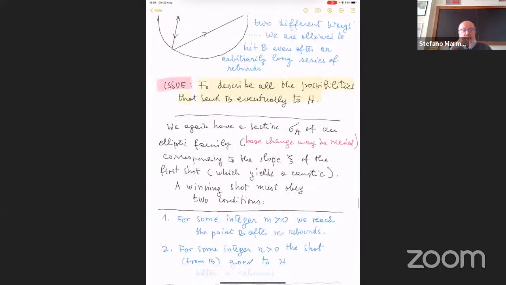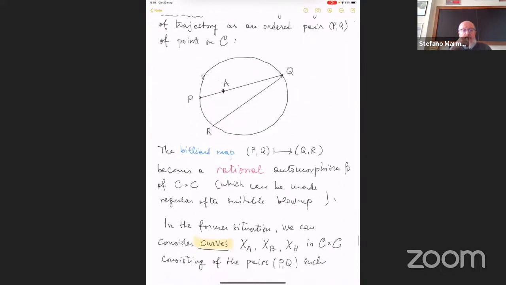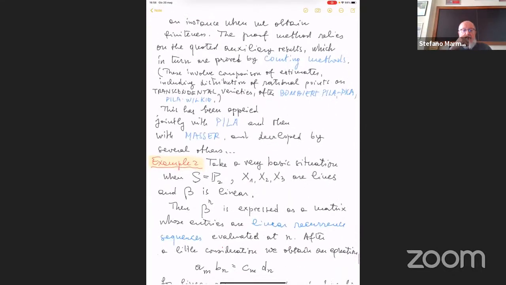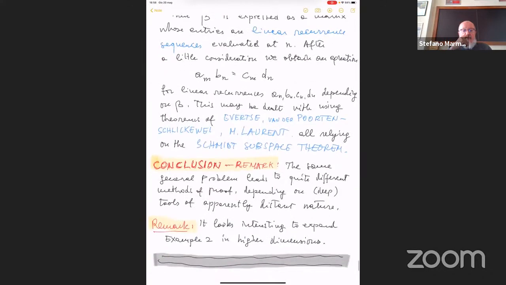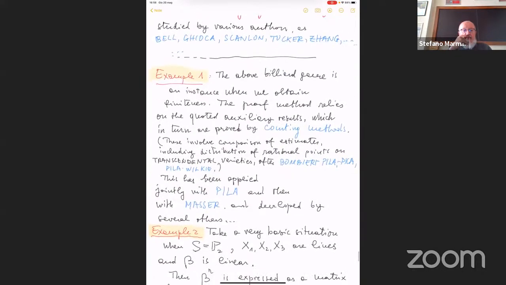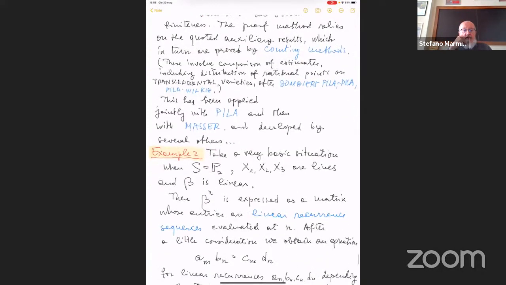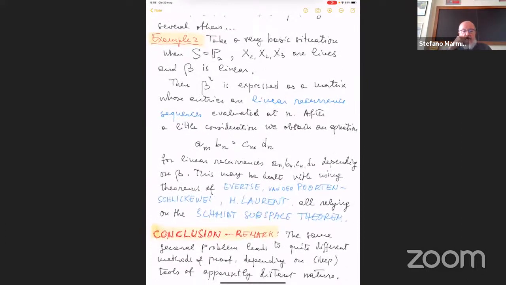And regarding your second question, yes, one may translate in the case of the projective plane and the three lines and the linear endomorphism. Then the point is the iterate of the linear map is expressed by a power of a matrix, a 3 by 3 matrix, up to scalars.